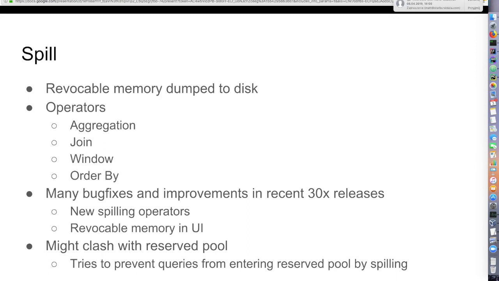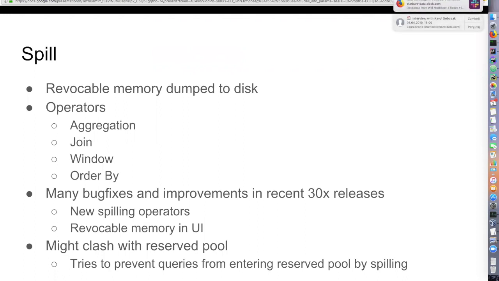One thing is that when you enable spill and you have a reserved pool enabled, it might cause queries to progress very slowly. When you have a large query max total memory per node, the revocable pool is big and the general pool is small. Spill will try to prevent queries from entering the revocable pool.